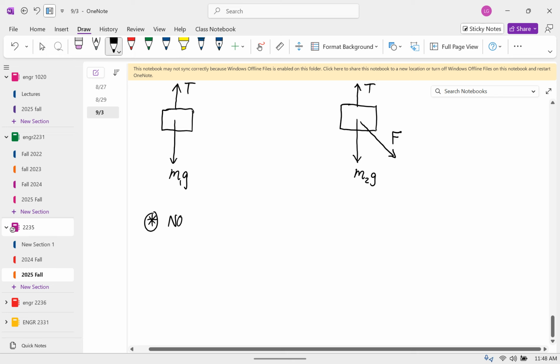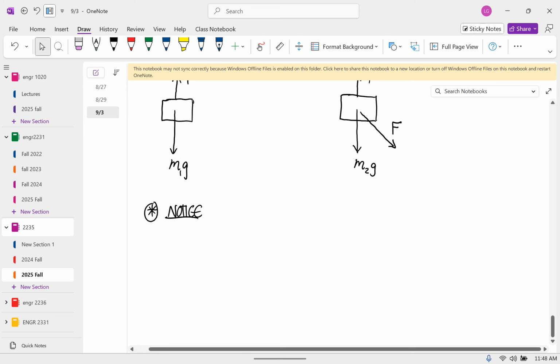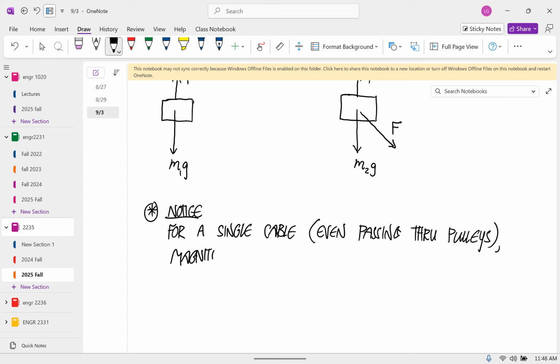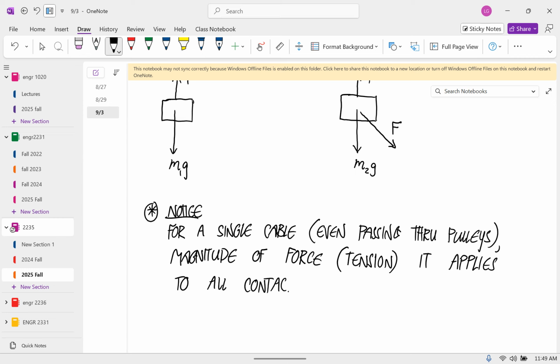So notice, for a single cable, even if it's passing through pulleys, the magnitude of the force, and the magnitude of this force is called the tension, that it applies to all contact points is the same.